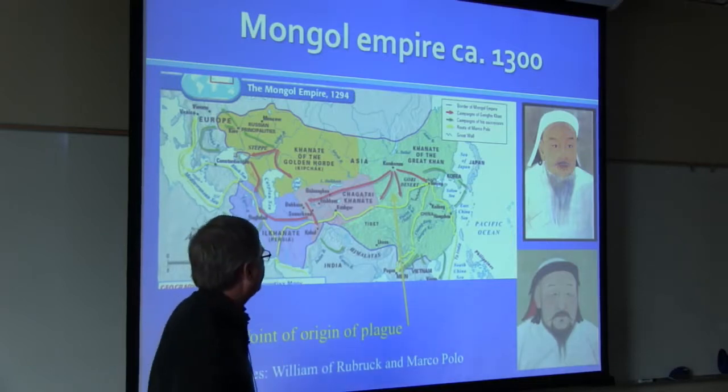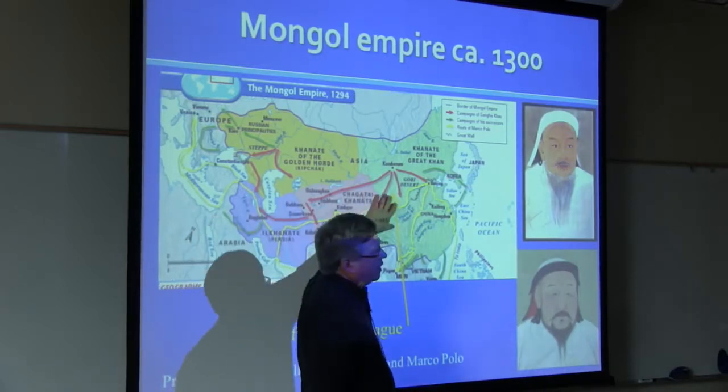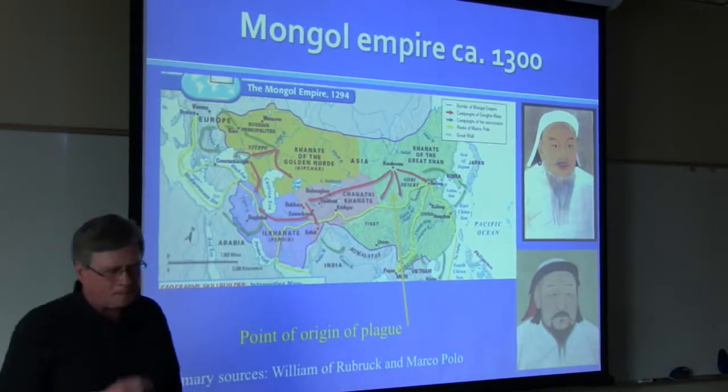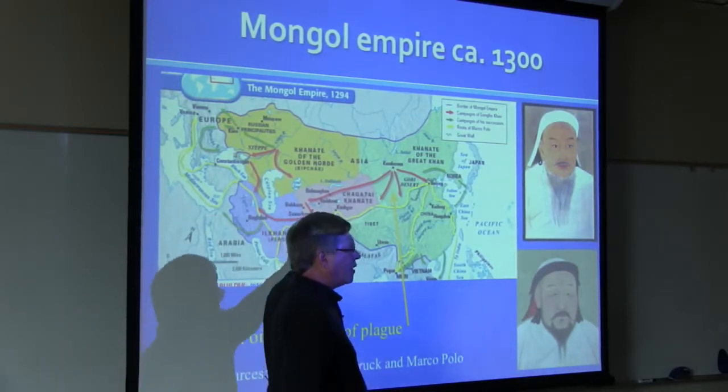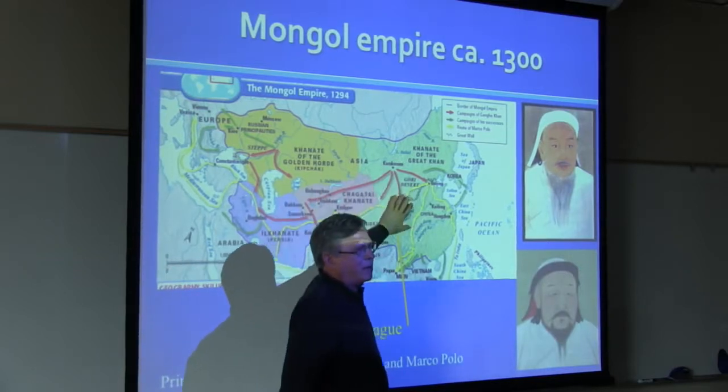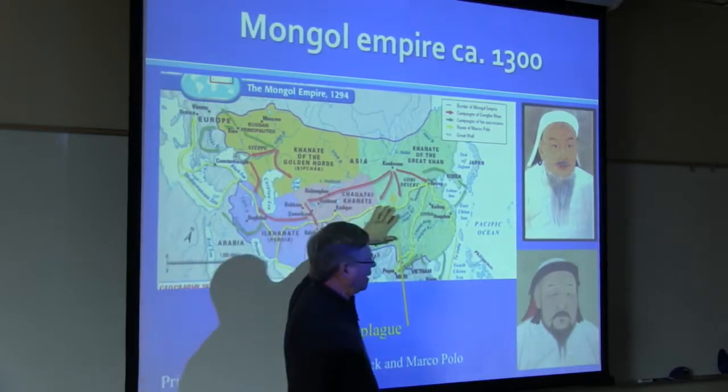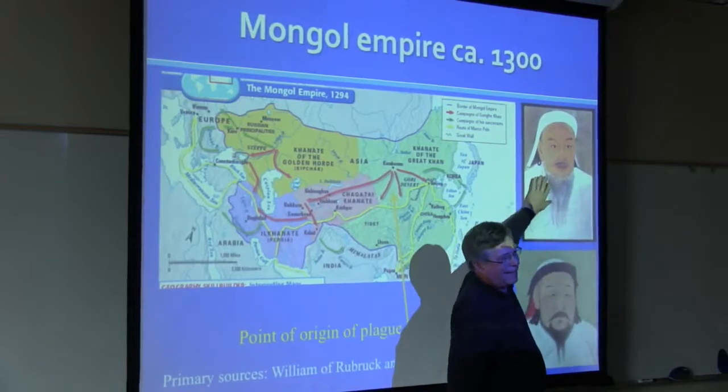Geneticists did some testing of Central Asian populations about 20 years ago and found that, I think this is a correct figure, something on the order of 70% of the population has Genghis Khan's DNA.